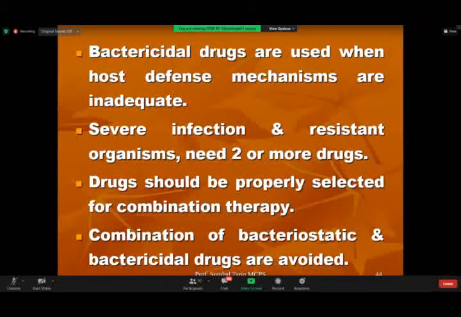If there is any history of any TB or any cancer, then the patient again is someone who does not have adequate immunity, and you have to aid him by giving the bactericidal drugs.